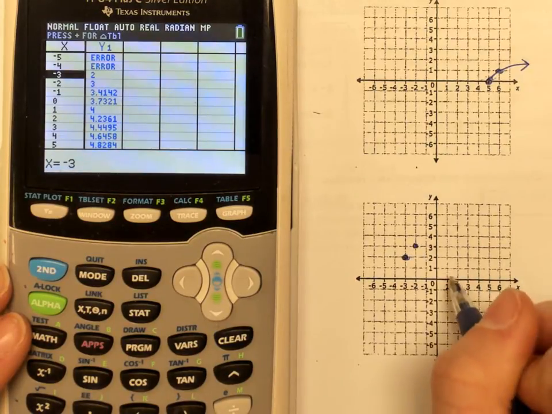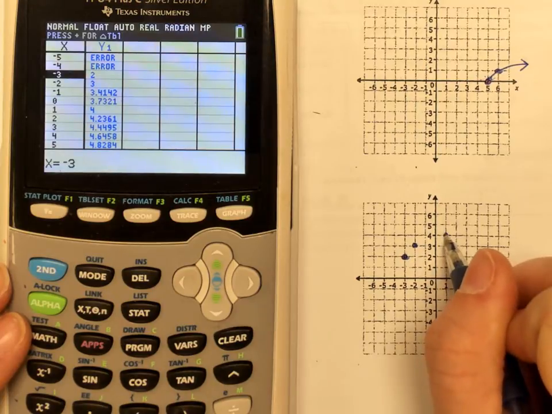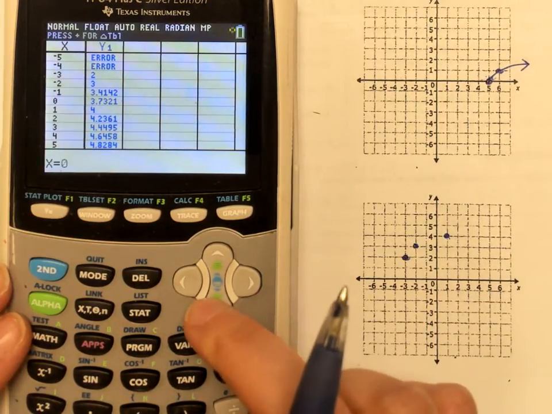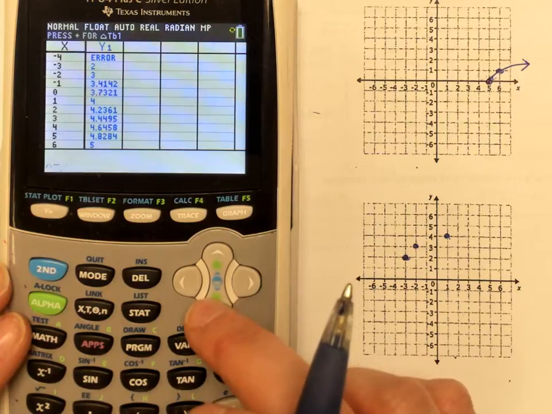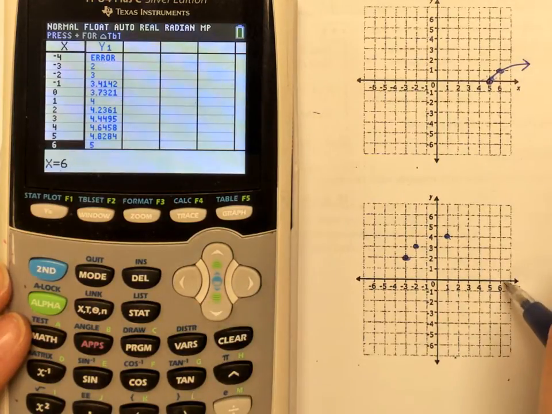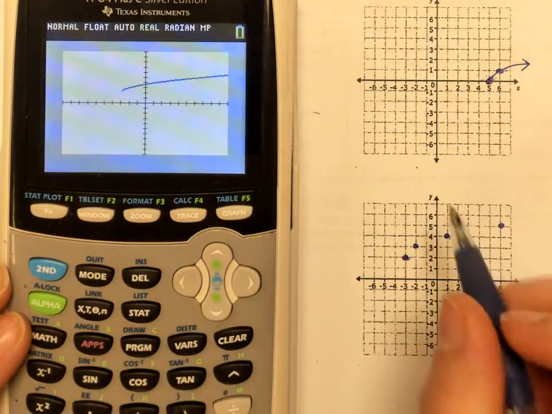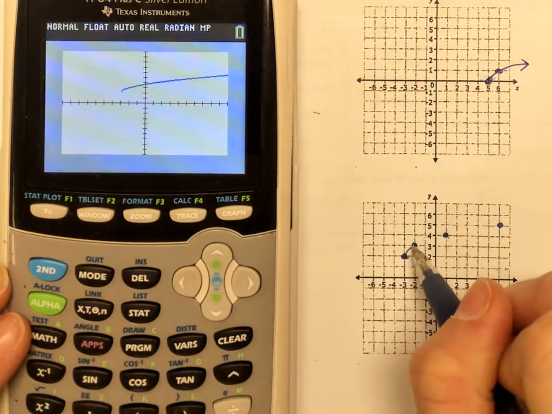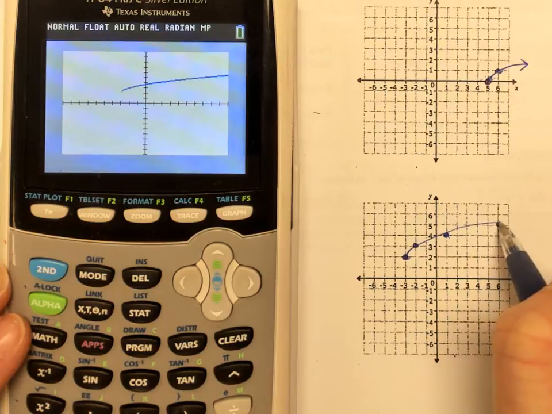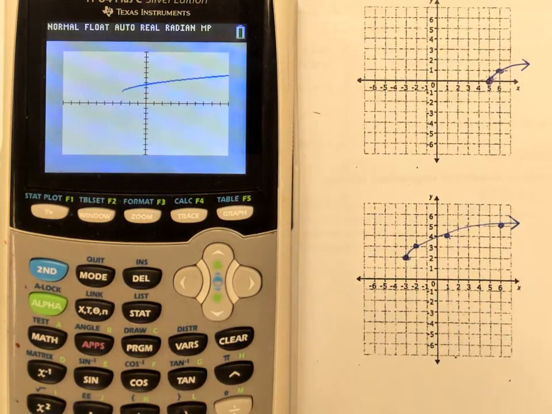What's that next one? 1, 4, is that right? Yeah, 1 and 4. Okay, do we have any more? Those are all decimals. Oh, 6, 5, we can do that one. Okay, so you just start right here, and you just connect them with that curve, like a little ramp. Y'all okay so far? Pretty easy?